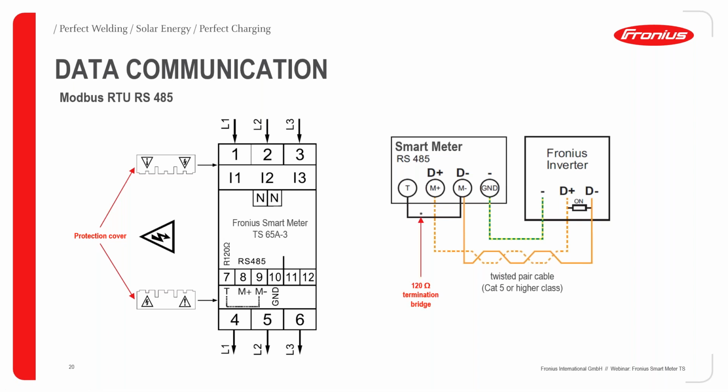The second is the 120 ohm termination resistance on both ends of the data line. So in this case, on the smart meter and the inverter. And the third topic is ground the shield on one side. And that's it. Then we really made sure to have the highest secure data communication between those components.